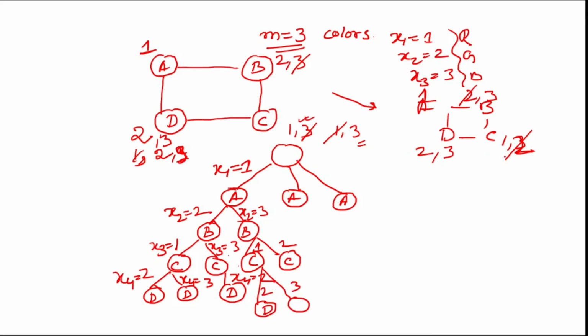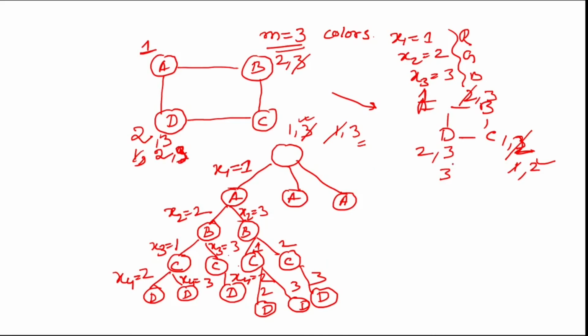So 2 and 3. If I would have chosen 2 for C, then for D I will only have option 3. 1 I cannot take, otherwise A and C will have the same color. So for 2, it is only 3.